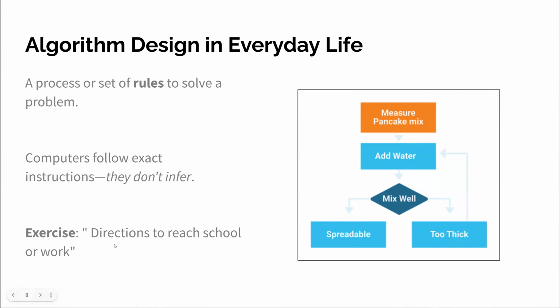Now we have an exercise here. If anyone wants to contribute, we can have 1 minute. The exercise is asking directions to reach school or work. You can do it in a flow chart on any software on the internet, or you can just do it on paper. You can do it by writing.